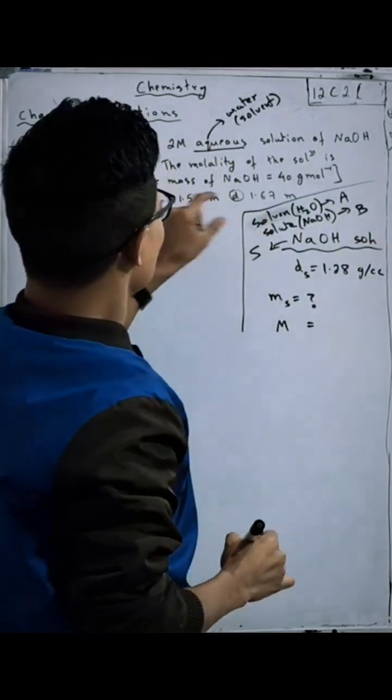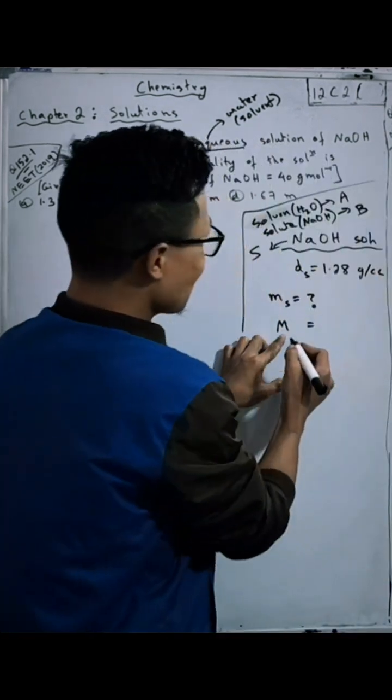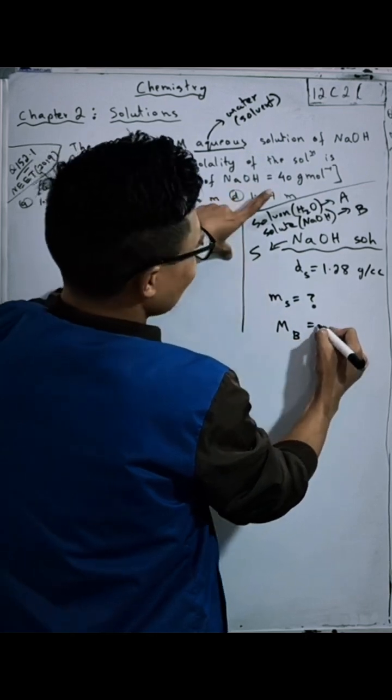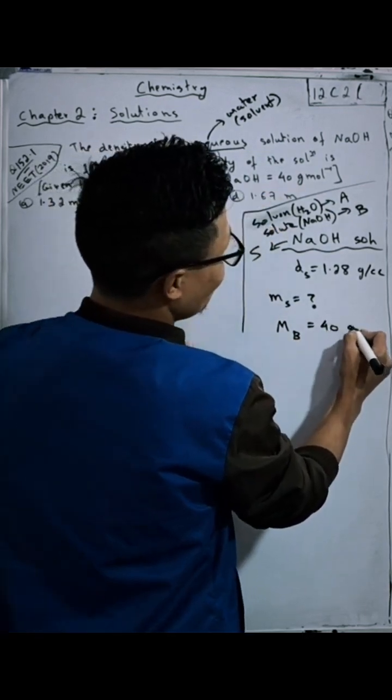Here we have the molar mass, which is the molecular mass, and this is the mass, which is the weight. There is a difference between these two. So M of B, the solute, is 40 gram per mole.